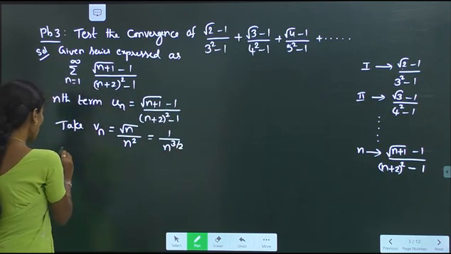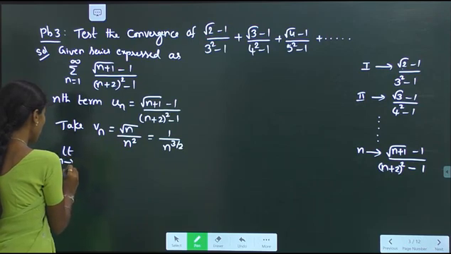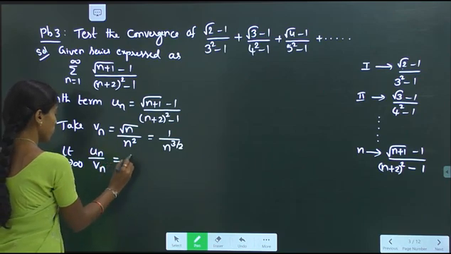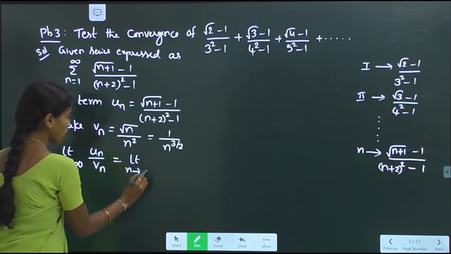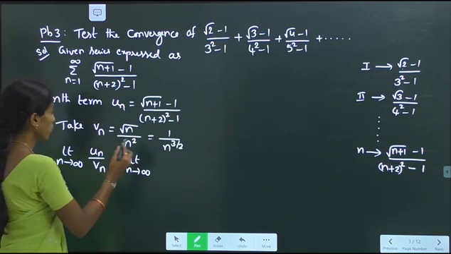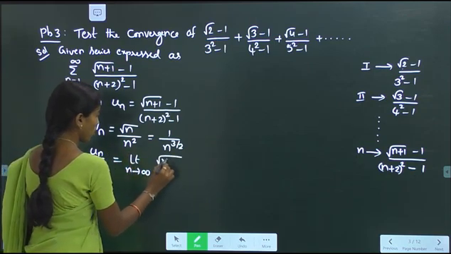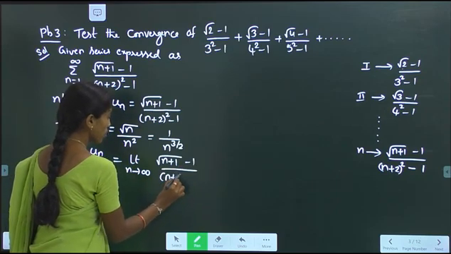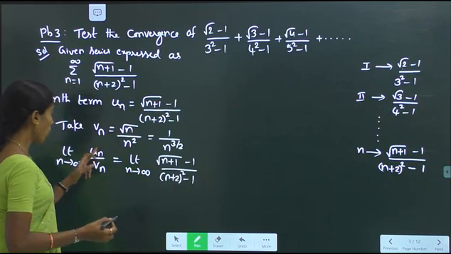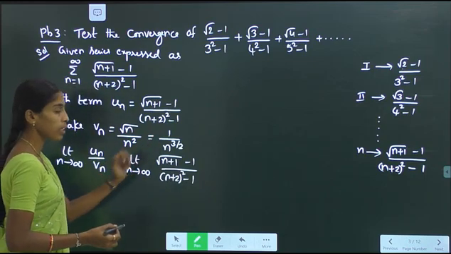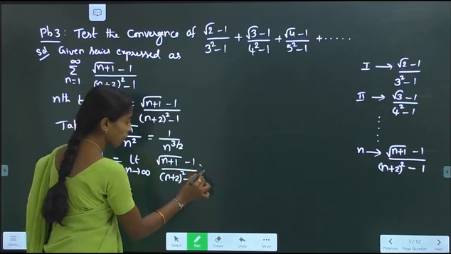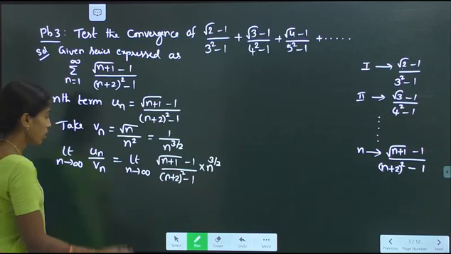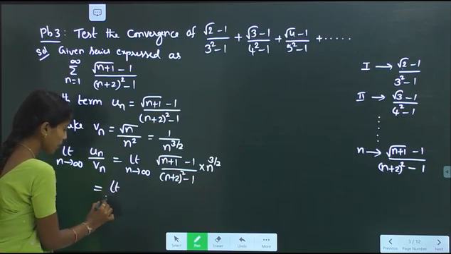Next we have to find the limit n tends to infinity of Un by Vn. So limit n tends to infinity, what is Un? Root n plus 1 minus 1 by n plus 2 whole square minus 1, divided by Vn, which is 1 by n power 3 by 2. It goes up, it becomes n to the power 3 by 2.